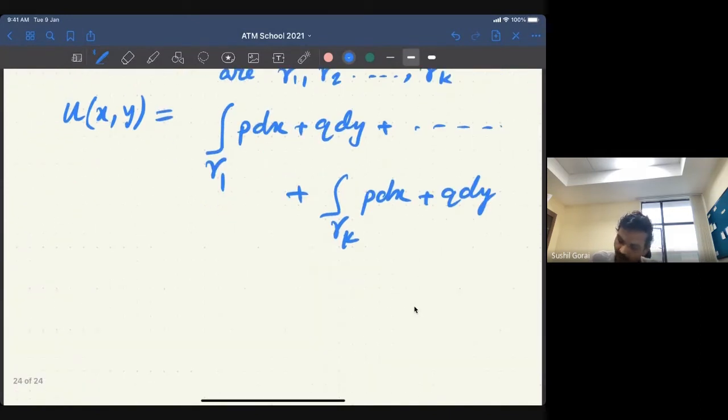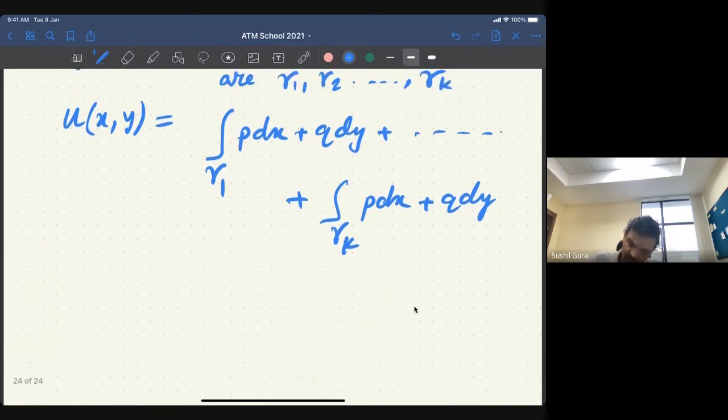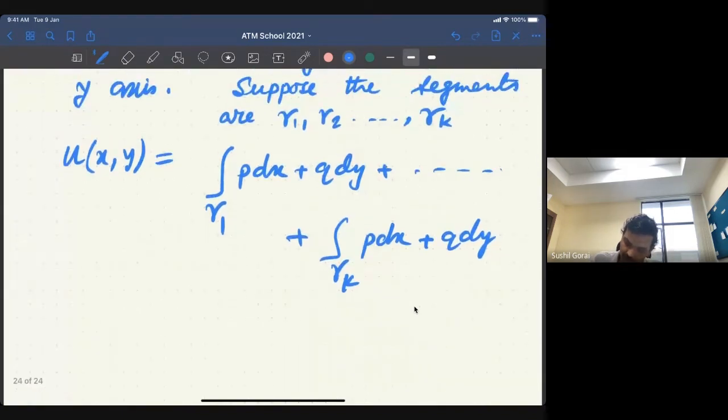Now this gamma k is a vertical line, right? So all these have some endpoints.